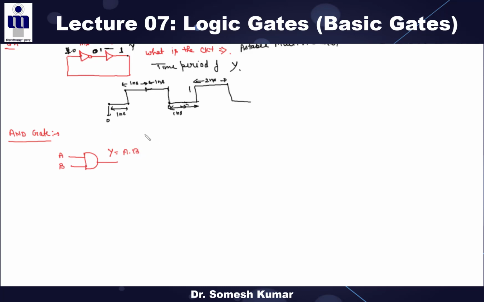What is the truth table? If two inputs, then how many combinations? 4 combinations. Truth table is the combination of your inputs and the respective outputs, right?